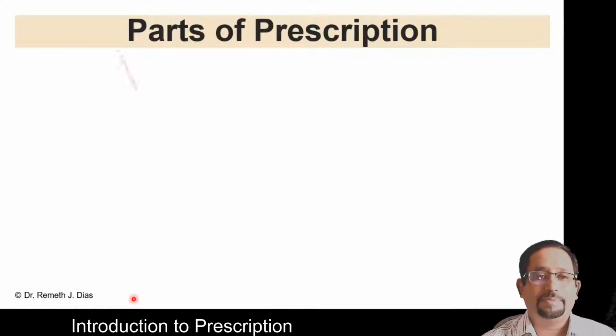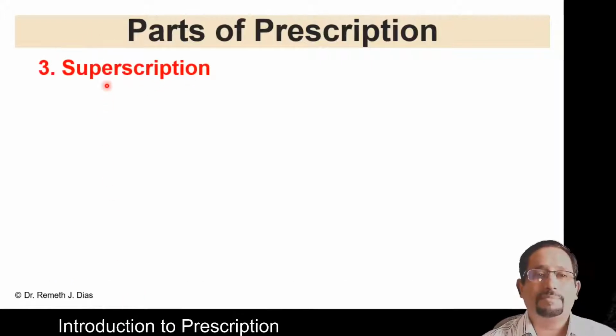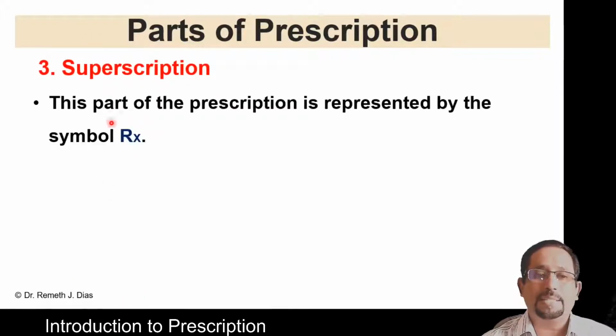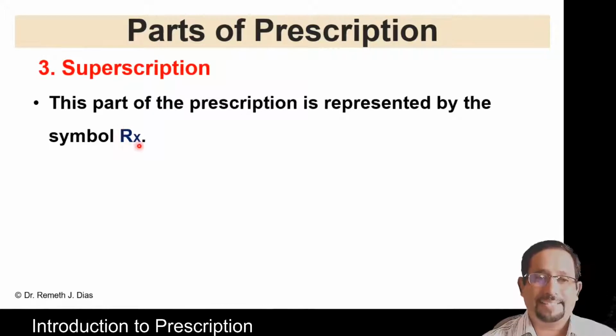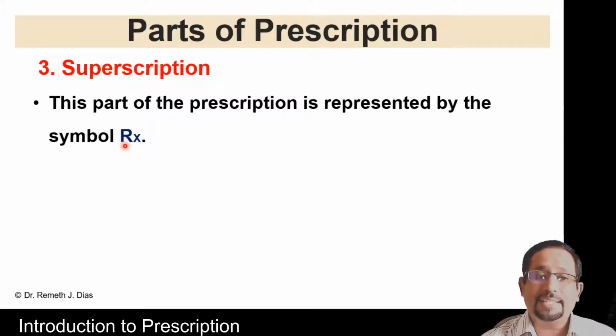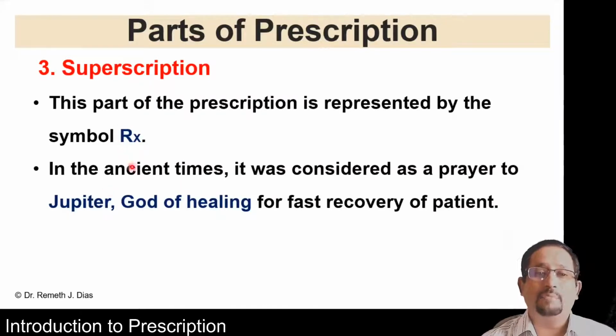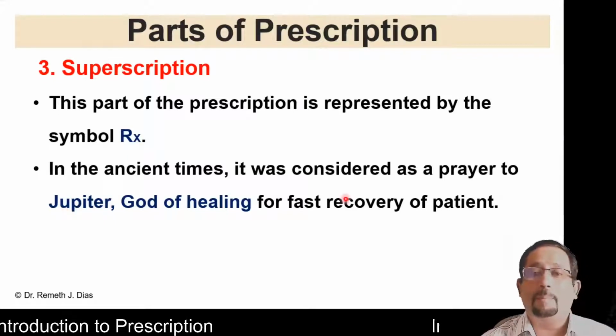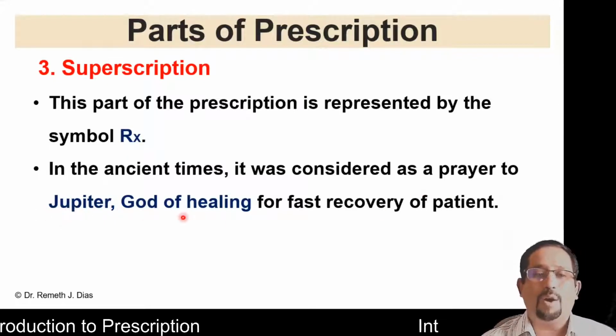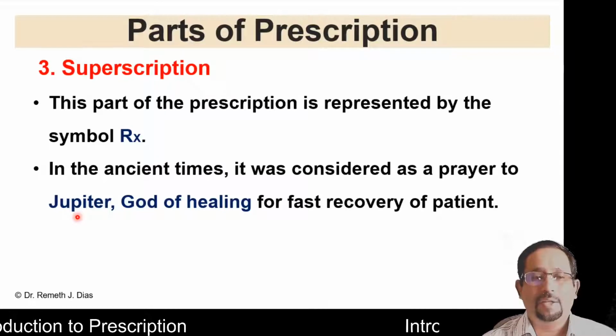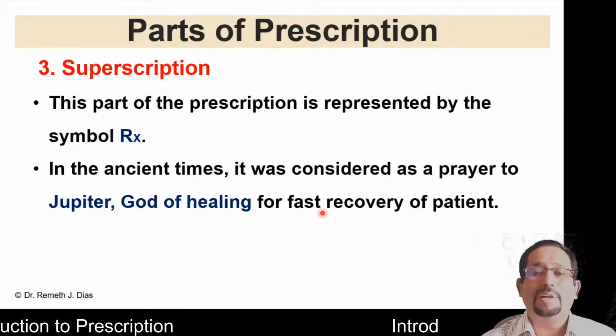Part 3 is superscription, which is denoted by the symbol Rx. And this Rx in ancient time was considered to be a prayer to God of healing Jupiter, so that the patient can be recovered very fast.